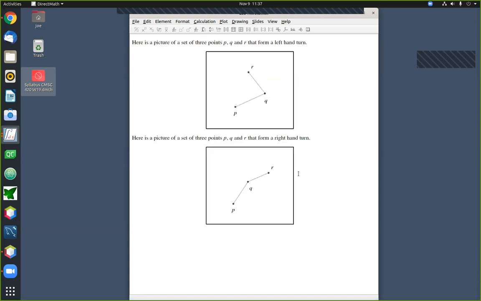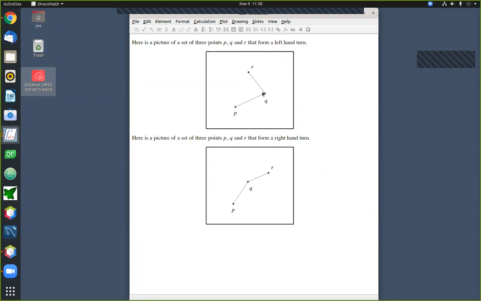All right, now another foundational concept that we're going to be using is a concept that can be applied to groups of points. Specifically, one of the things that we're going to be doing in the algorithm is we're going to be looking at groups of points 3 at a time. And here are a couple of pictures of the kinds of things you can see when you look at groups of 3 points at a time. All right, so in each case, we're going to have 3 points, P, Q, and R. And we're going to connect these points together to make a pair of line segments.